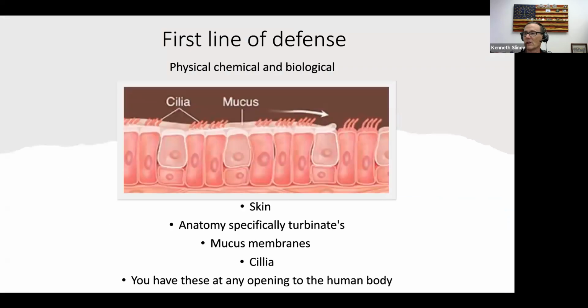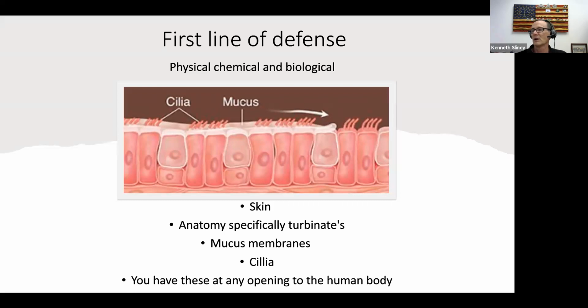All right, so let's start off with the first line of defense. The first line of defense is the things that keep pathogens from entering the body, and they can be physical, chemical, or biological. And by and large, your skin is the biggest first line of defense.